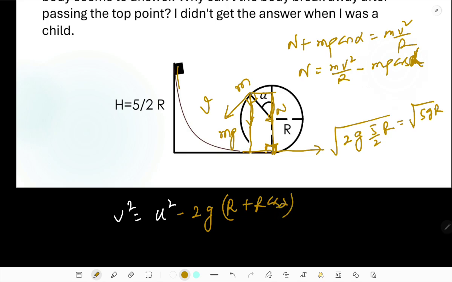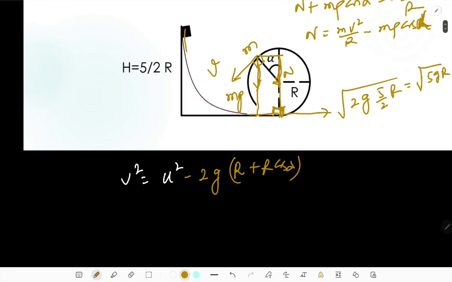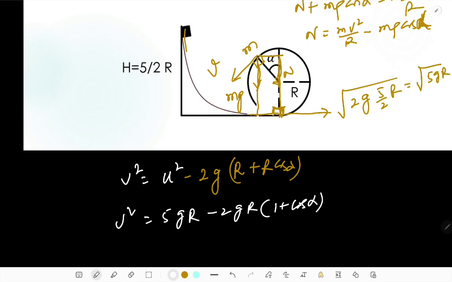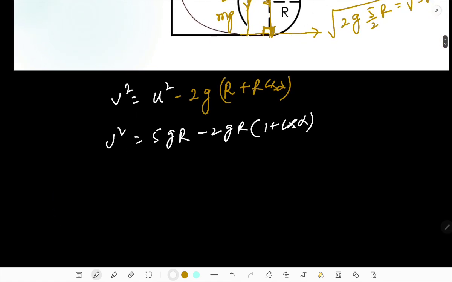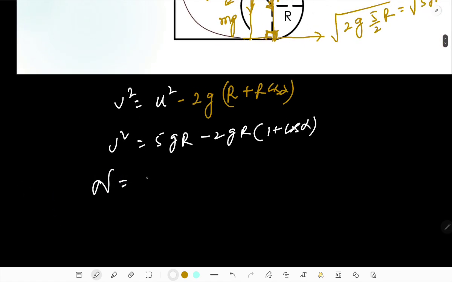And u square becomes simply 5gR. So the equation becomes v square equals 5gR minus 2gR(1 plus cos alpha). And I put this v square in the expression where I got N equals mv square by R minus mg cos alpha.